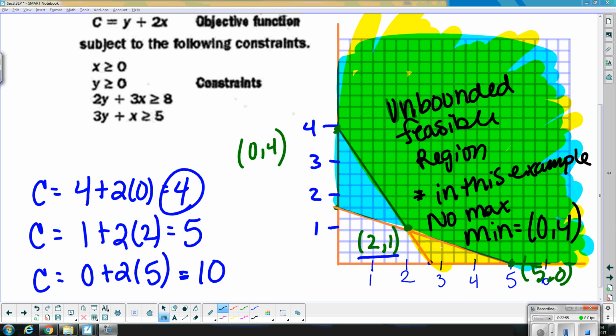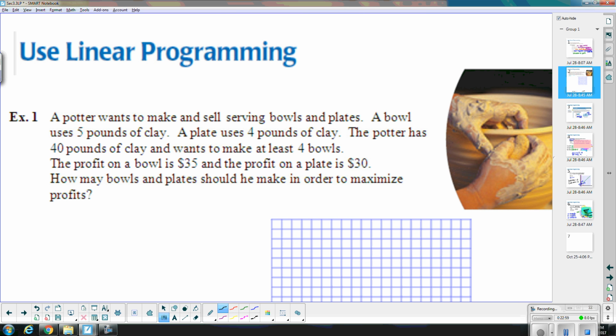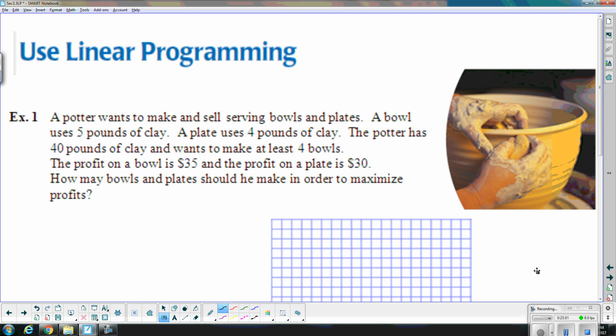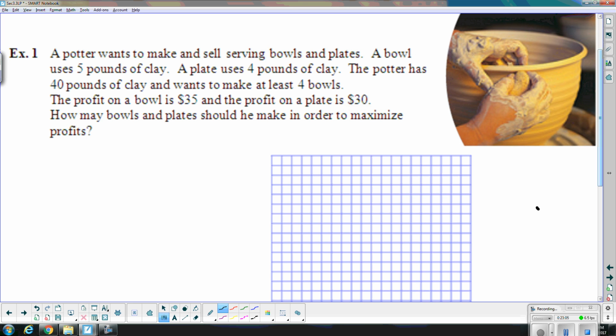Okay, so we're going to rewind and go back to that first example, that story problem, because some of your homework problems have word problems where you have to actually set the constraints. So take a minute just to read through this, pause the video while you read it if you need to.